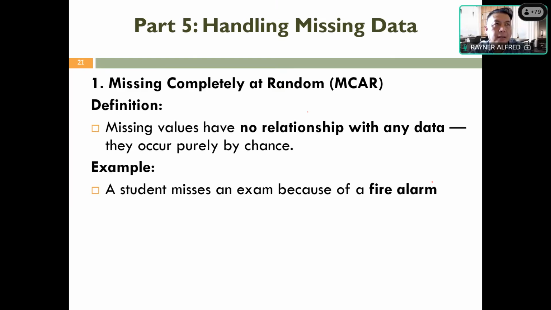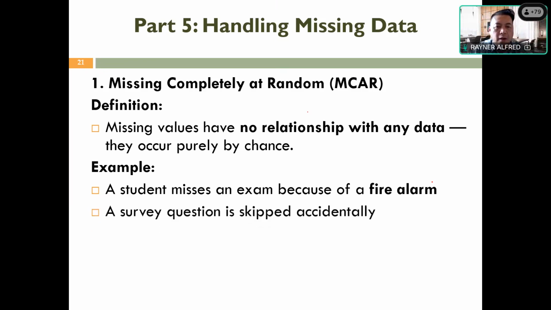So in the student record, fire alarm is not part of the variable that you have, right? So if the final exam score is missing, this is by random only. Maybe the student got sick or woke up late and so on.